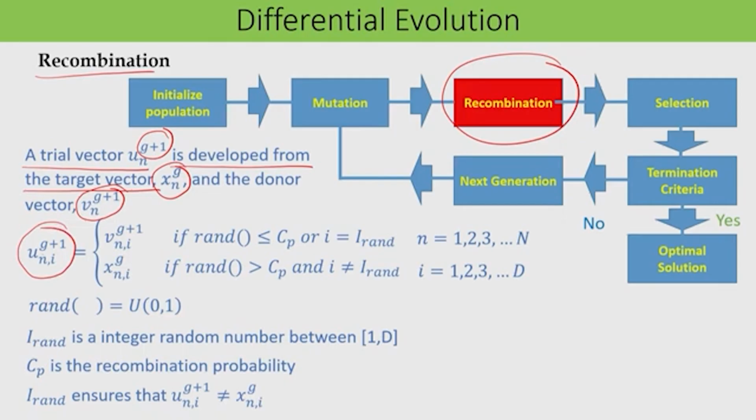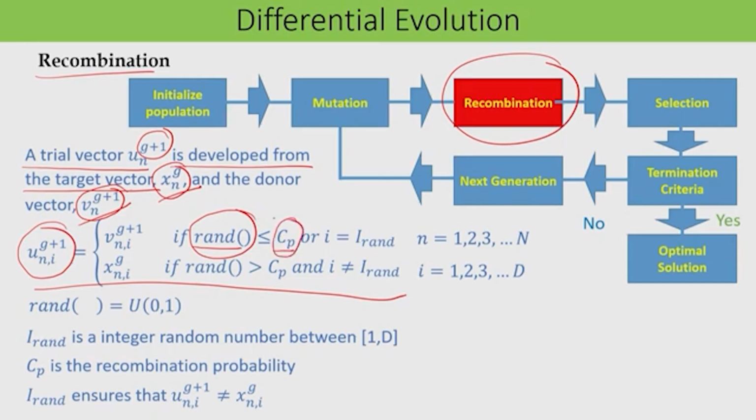So, you just see, whatever new vector we are getting is a combination, that means some variables are from the target vector and some variables from the donor vector. We can use this particular process: u_n,i,z+1 equals v_n,i,z+1 if a random number, which we are generating, is less than Cp.